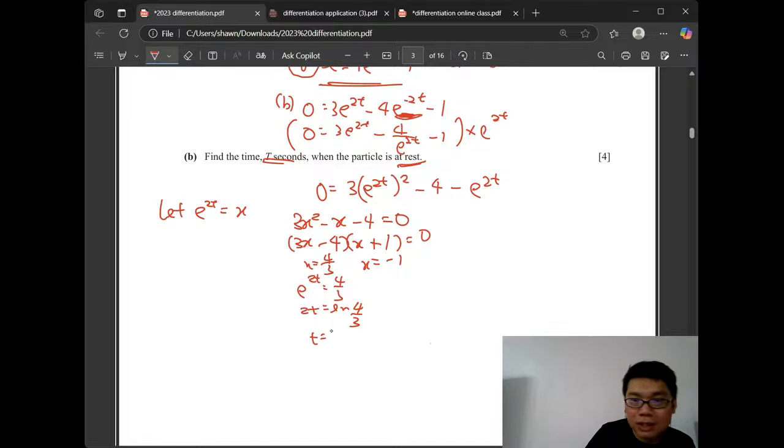So t, you just key in calculator, ln 4 over 3 divided by 2, you should get 0.144.